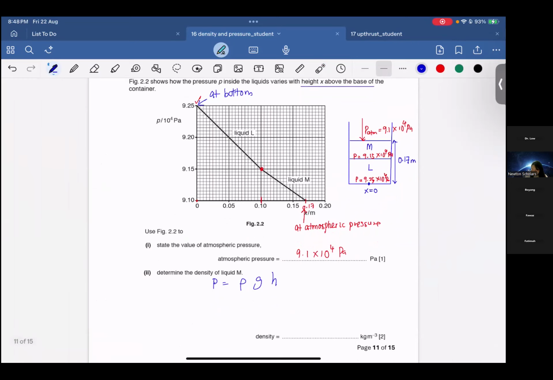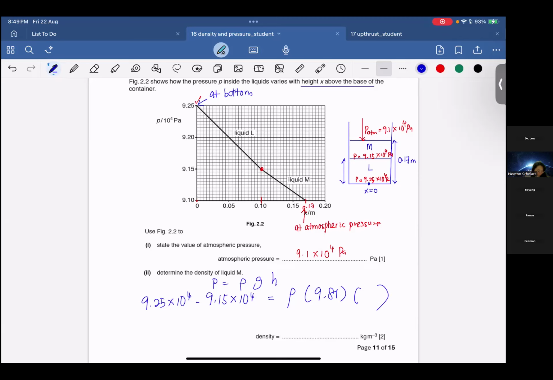Okay, find the pressure difference. So you can use 9.25 times 10 power 4 minus 9.15 times 10 power 4 equals to the density, we don't know, times 9.81 times the height. So what is the height at here? You can read it from the graph.